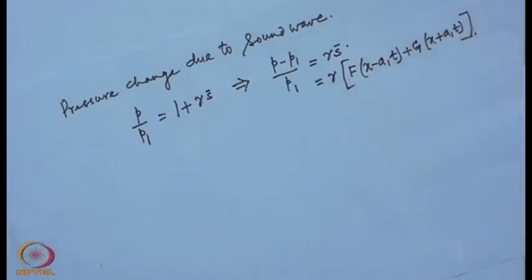That is, the pressure wave has the same shape as the density wave. However, its amplitude differs by a constant factor gamma.